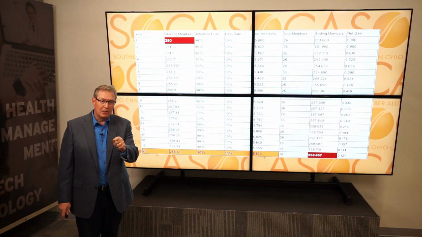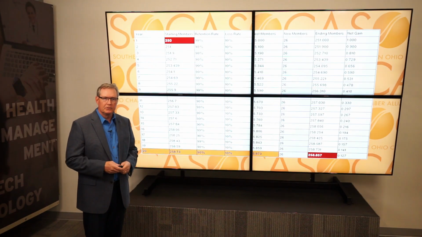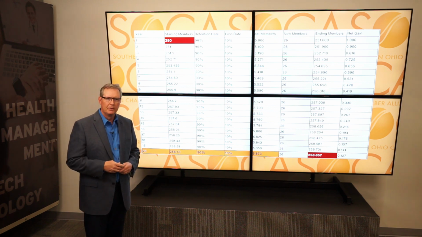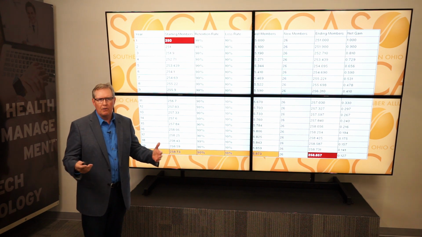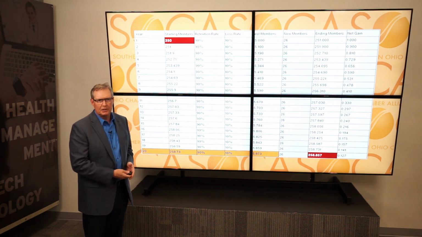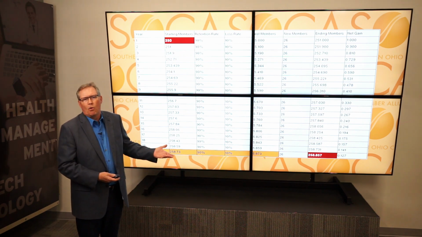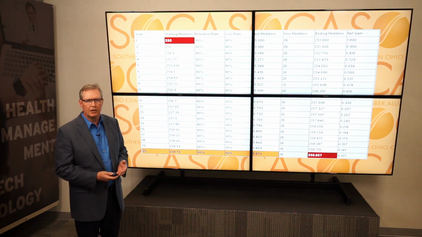Well, because given a static retention rate and a static new members rate per year, there's a diminishing return on the overall growth with each successive year. And that's the math. And it's exactly why many local chambers have a difficult time growing their membership and their top-line revenue. They think that growing membership alone will solve their revenue problem, when in fact, growing membership can be difficult to do and even more difficult to sustain over a period of years.